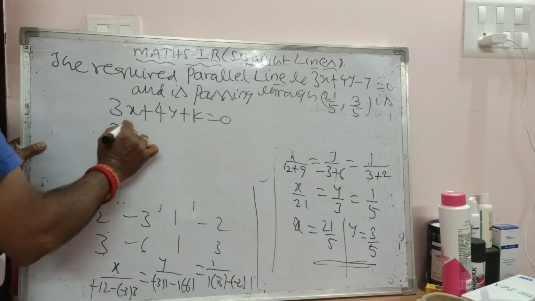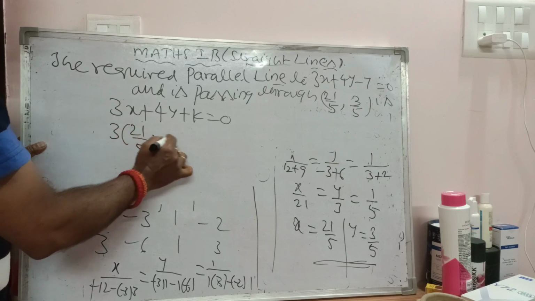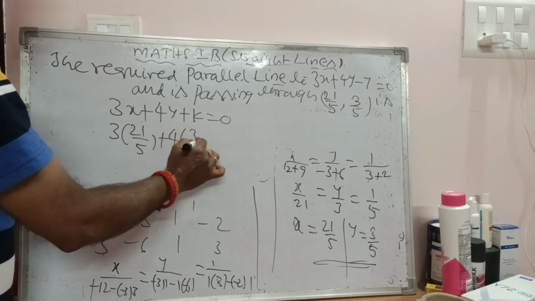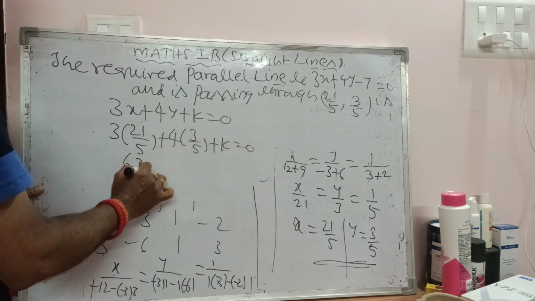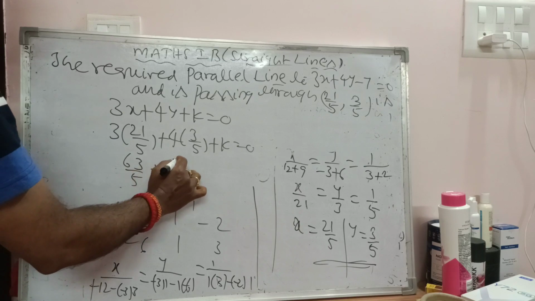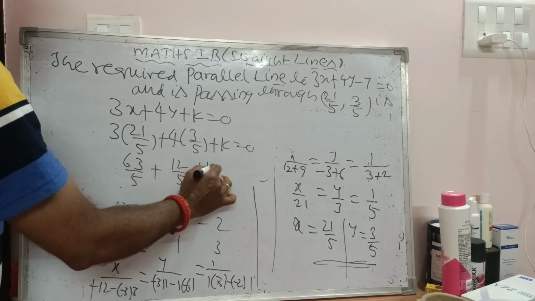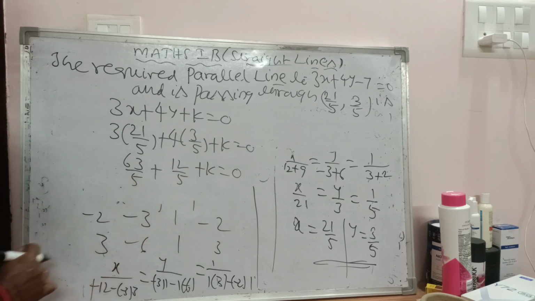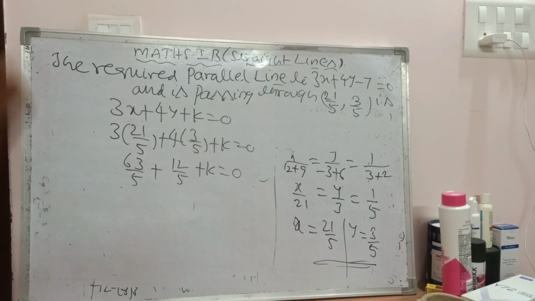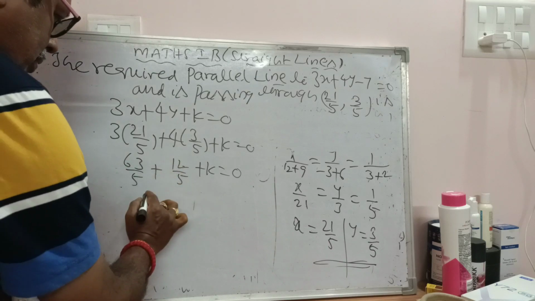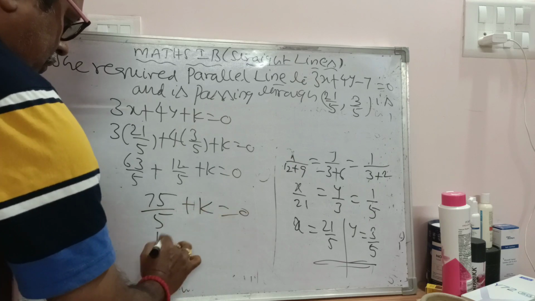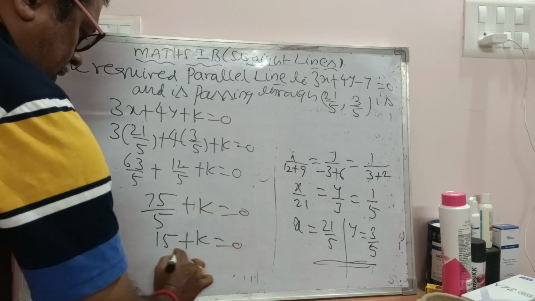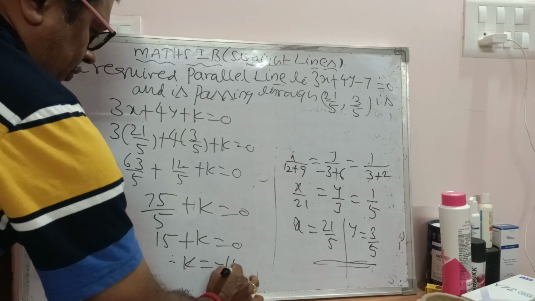Therefore, 3 into 21 by 5 plus 4 into 3 by 5 plus k is equal to 0. 63 by 5 plus 12 by 5 plus k is equal to 0. Therefore, 63 plus 12, 75 by 5 plus k is equal to 0. 15 plus k is equal to 0. Therefore, k is equal to minus 15.